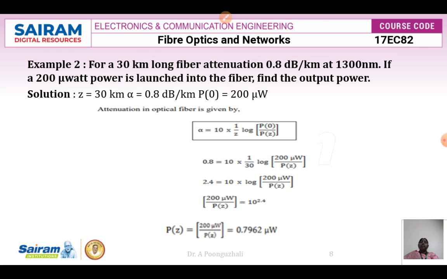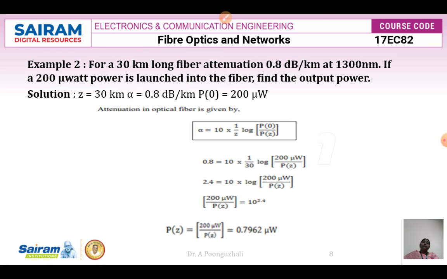Your formula is alpha is equal to 10 into 1 by Z log of P of 0 by P of Z. The Z value is given as 30 kilometers, so we substitute 30. P of 0 is given as 200 microwatts, so we substitute 200 microwatts by P of Z. If I simplify this expression, the 0 gets cancelled, and bringing the 3 across, it is going to be 2.4.